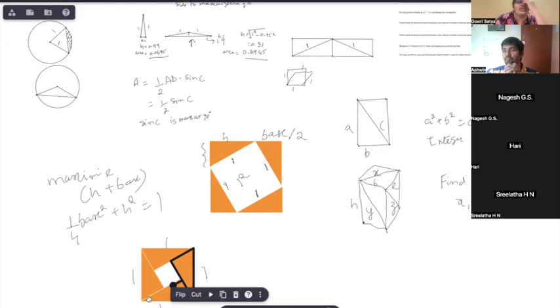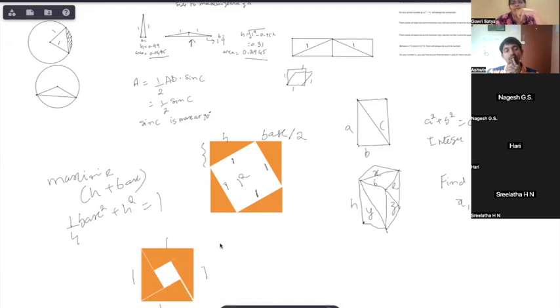So here the size of this is height minus base by 2. So we have to make this small.